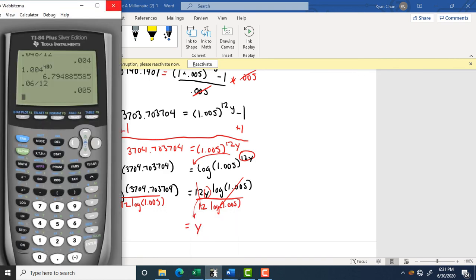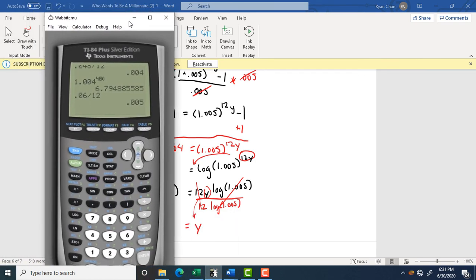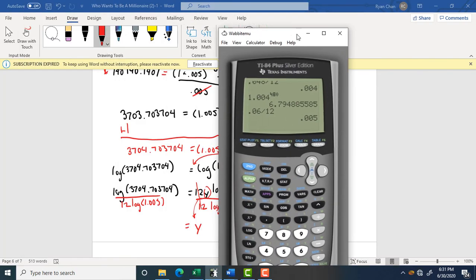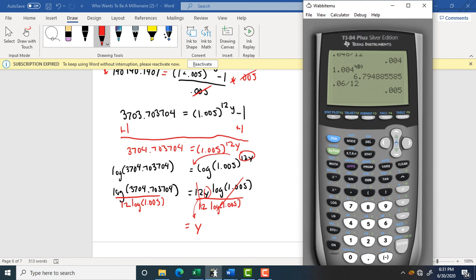Let me show you on your calculator how I would do this. Just be a little bit careful for this right here. So I'll do log, this is my log button, 3704.703704. Oops.